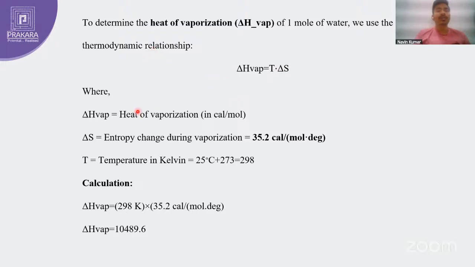It's a very short relationship, delta H vap equals T multiplied by delta S, where delta H vap is the heat of vaporization, T is the temperature in Kelvin, and delta S is the change in entropy.